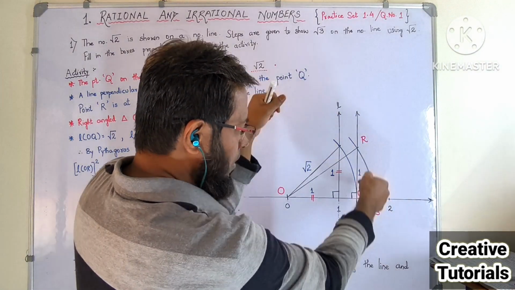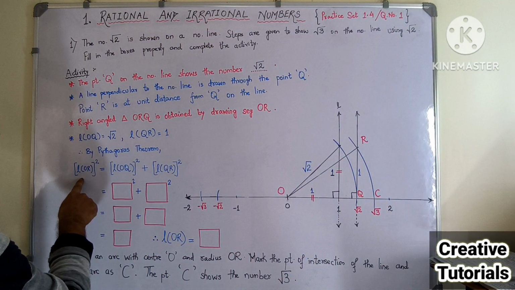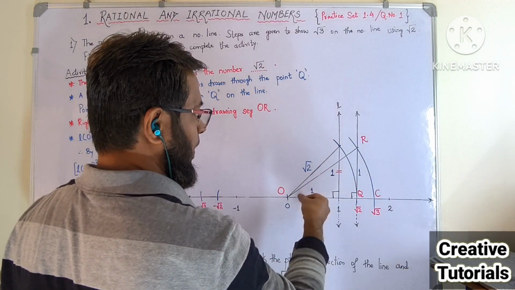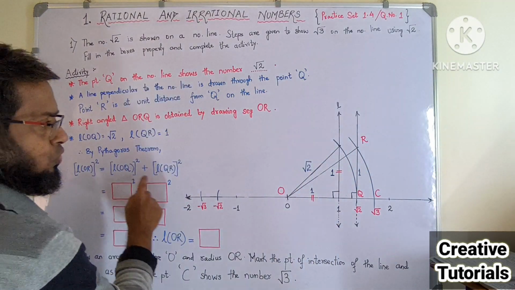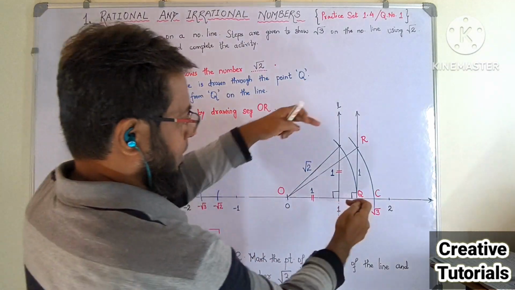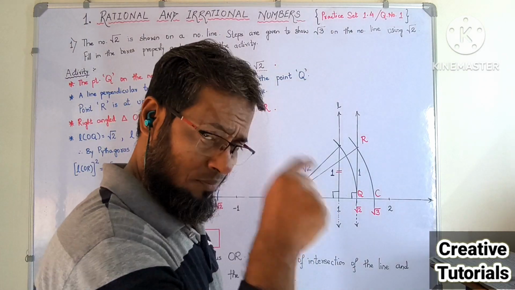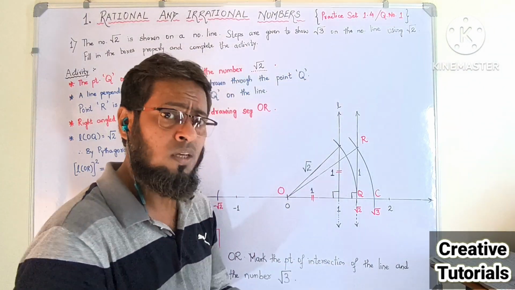Okay. QR is 1. Then by Pythagoras theorem, length OR square is equal to OQ square plus QR square. Correct? If you have forgotten, let me repeat it one more time for you.